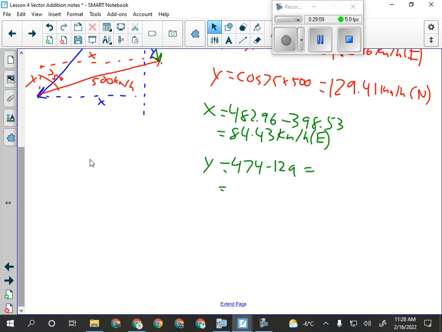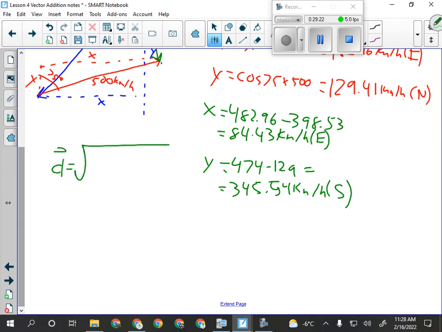That gives 345.54 kilometers per hour south.